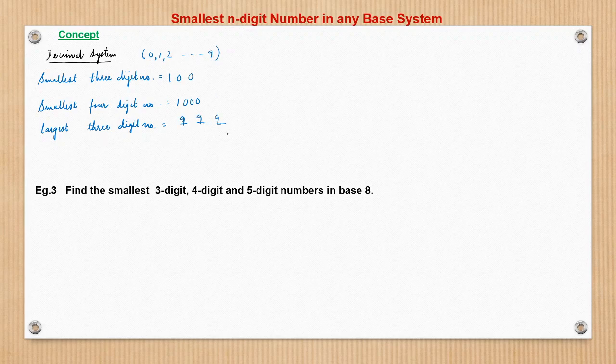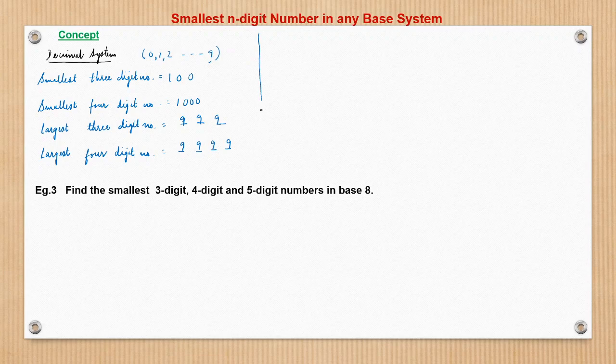So it becomes 999, the largest 3-digit number. Similarly, the largest 4-digit number will have 4 places, and all the places will be occupied by the largest digit, so that the number is the largest possible. So it is 9999 in base 10.